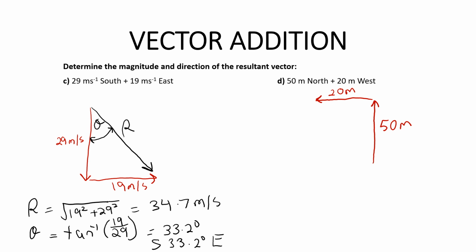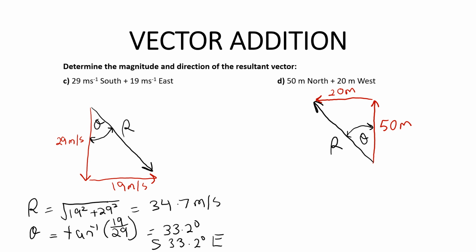So from here to here. This is the resultant. So in this case, we also need to know the direction of the resultant. So theta will be located next to the tail of the resultant. So this is theta, and we will need to calculate the value of theta.